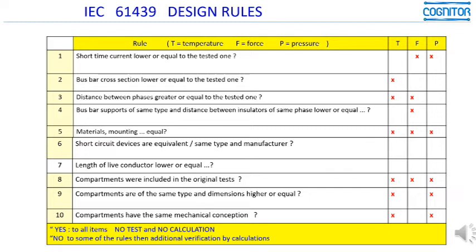You see that there are the letters T of temperature, F of force, and P of pressure. And if you look at the marks on the right side, you can see what each of the rules is looking for in the approach of the design rules.